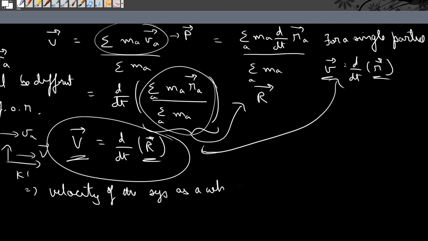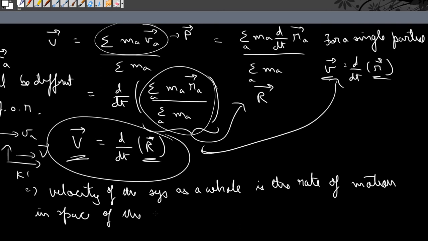Okay, so this implies the velocity of the system as a whole is the rate of motion in space of the point whose radius vector or position vector is R, and that is what I was saying here.